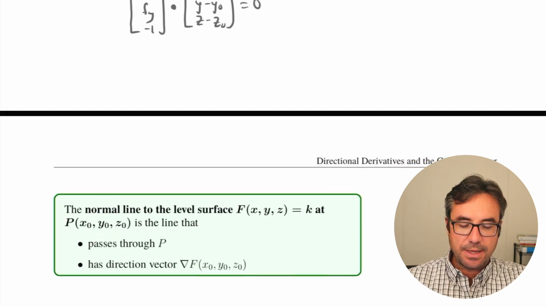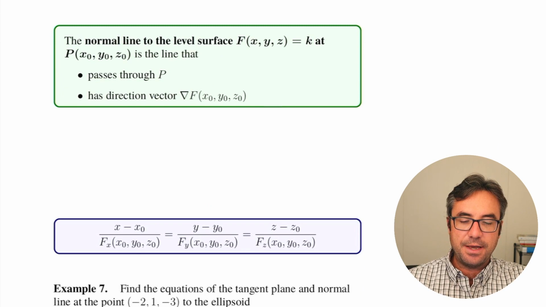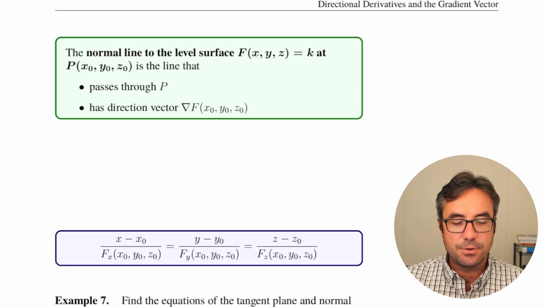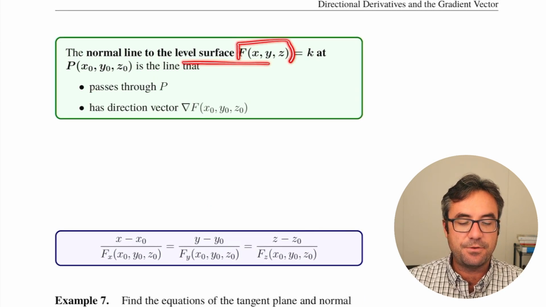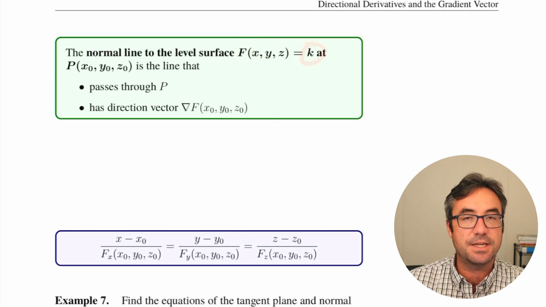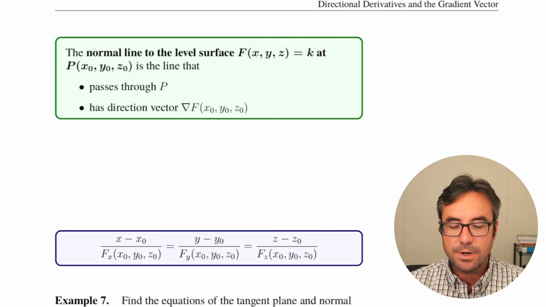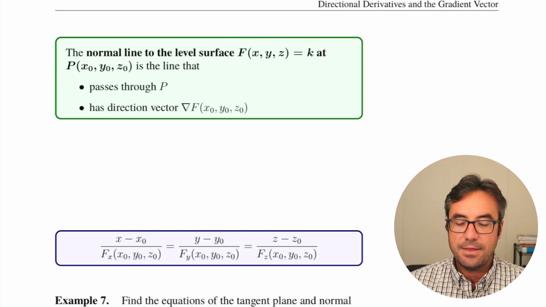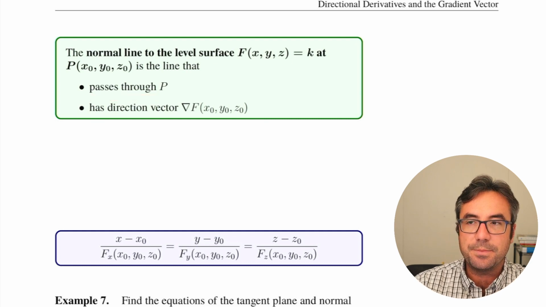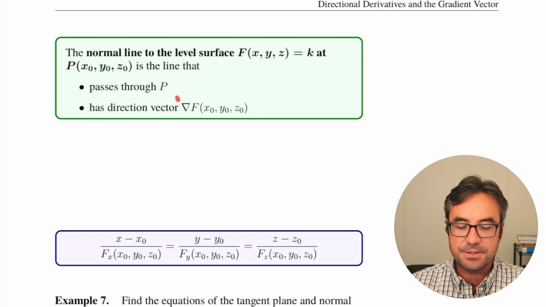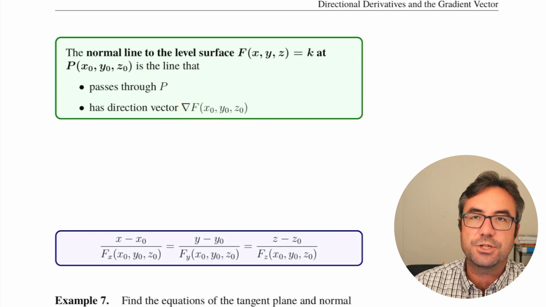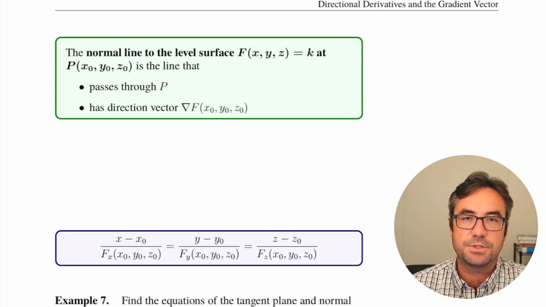And with our tangent line, we're able to define the normal line. So if we have a level surface, some function F of x, y, z set equal to a constant k, we're able to find the normal line. And this is just the line that goes through point P and has the direction vector equal to the gradient.